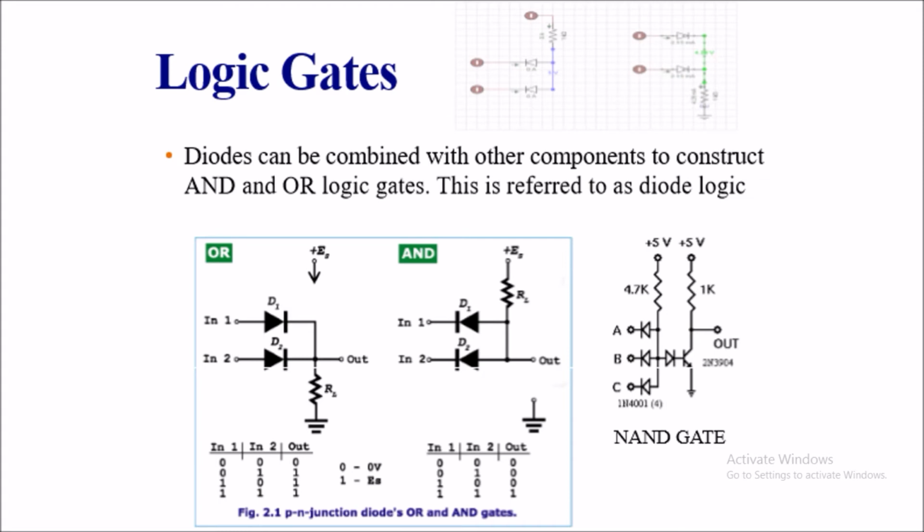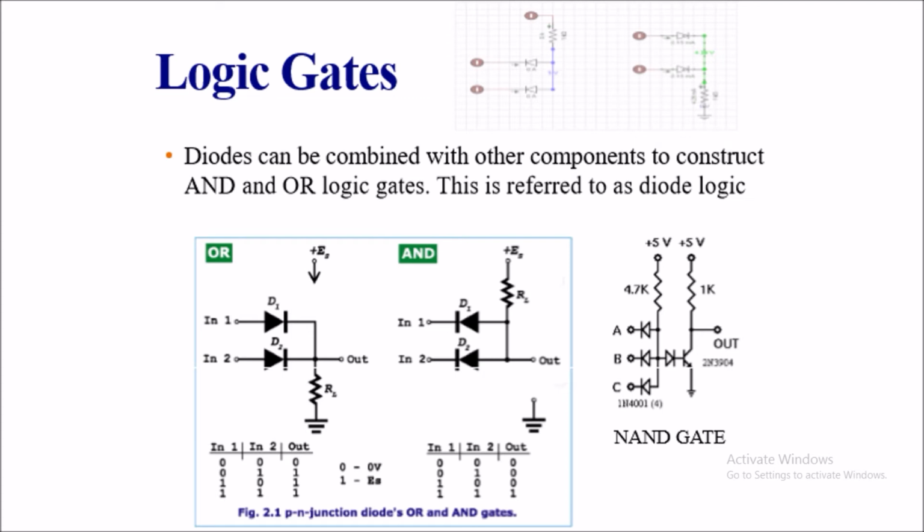The fourth one is the logic gates application. We can use diodes to build logic gates; in this example we can build OR logic gate and AND logic gate, which are used in programming. The truth table of OR: when the two inputs are zero the output is zero, and any input of one gives an output of one.